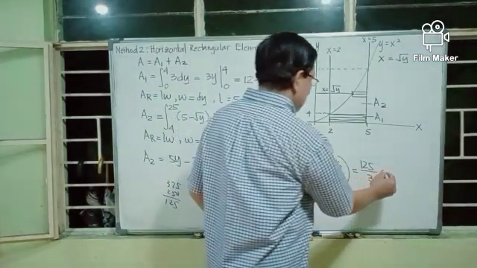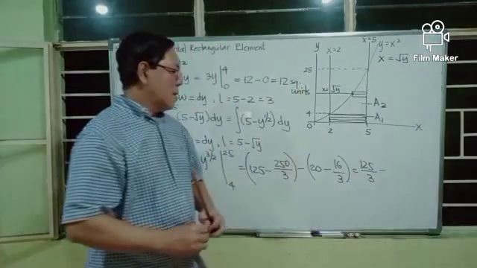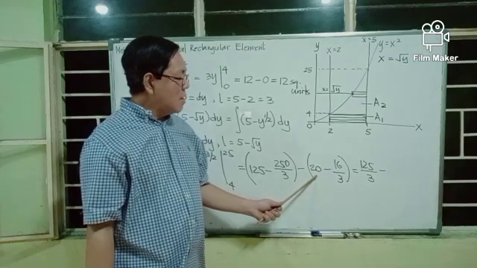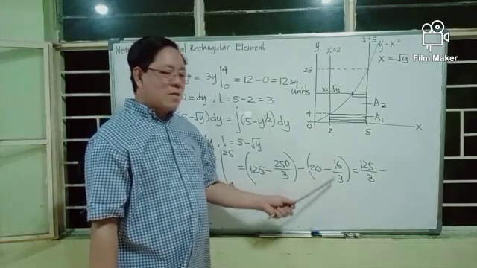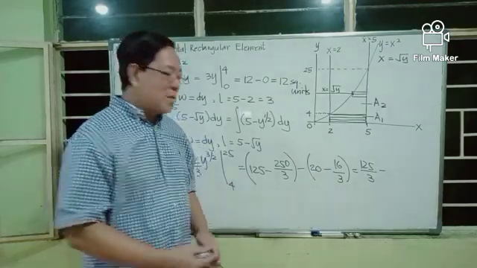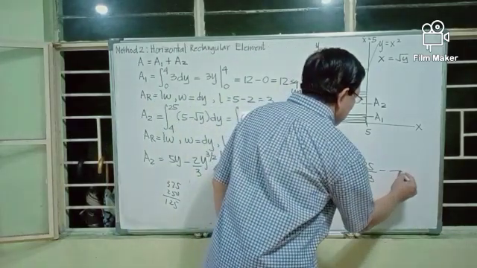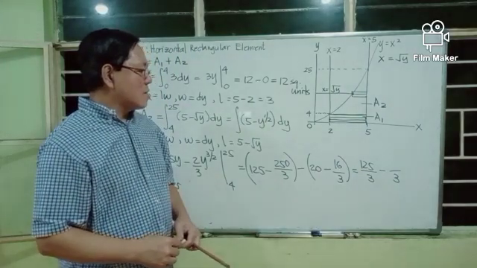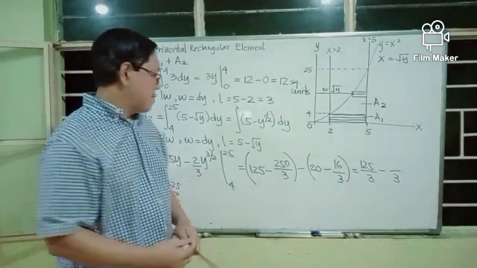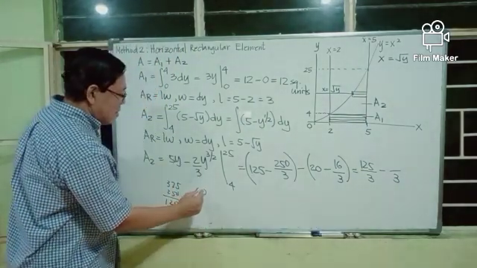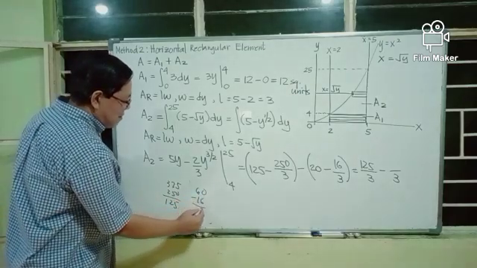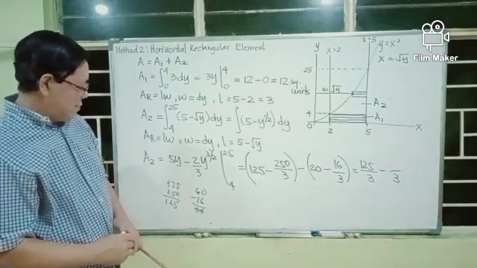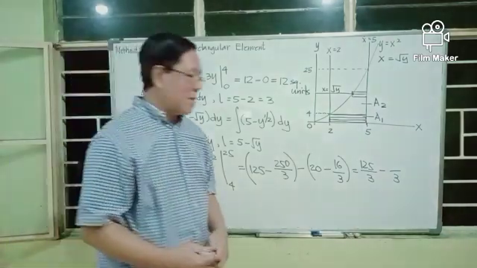Minus, now multiply 20 by 3 over 3, you get 60 over 3 minus 16 over 3. Common denominator is 3. And 60 minus 16 is 44 over 3.